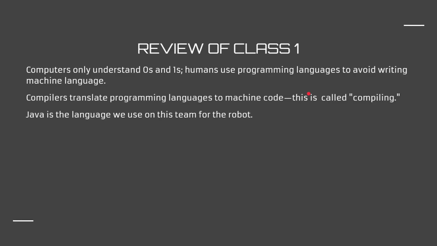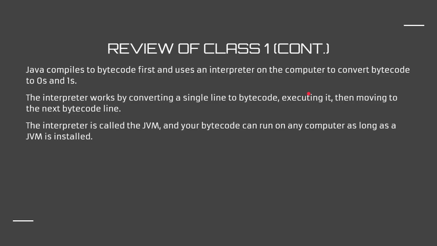Now, a review of class 1. Computers only understand zeros and ones, while humans need to use more high-level languages that are similar to human natural languages. Compilers translate programming languages to machine code, which is called compiling, and Java is the language that our team uses for the robot, and it's also the language that's being taught to you in these lessons.